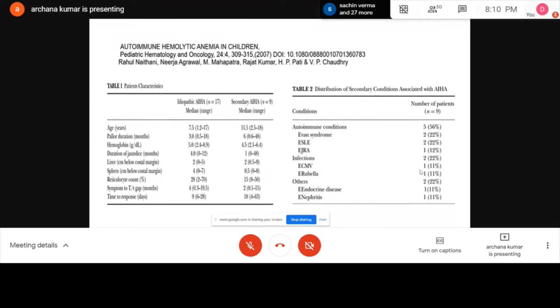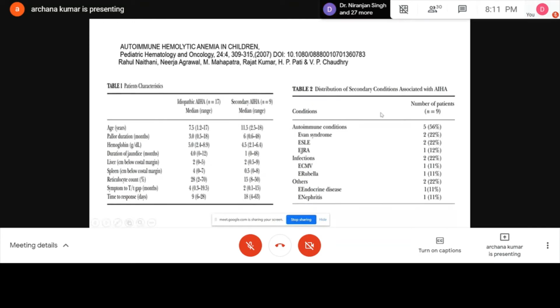This is one study which I picked up. It's an Indian study done from AIIMS, which is telling us they found that in 26 cases, 17 were idiopathic, whereas 9 were secondary. In the secondary ones, the age was slightly higher, the duration was longer, and even the time to response was longer.